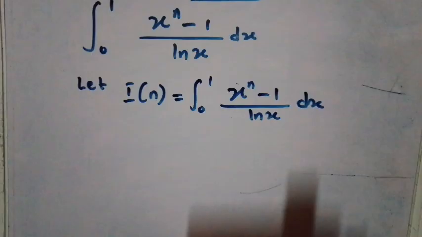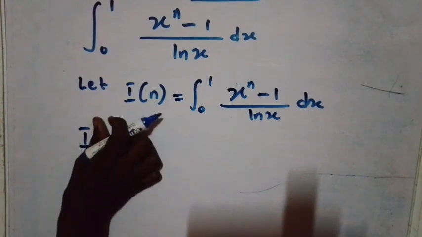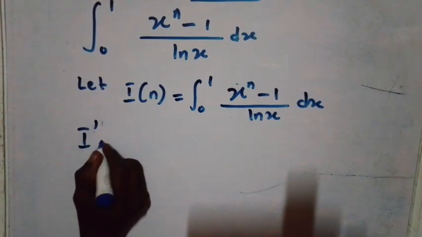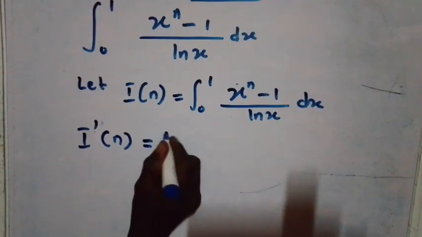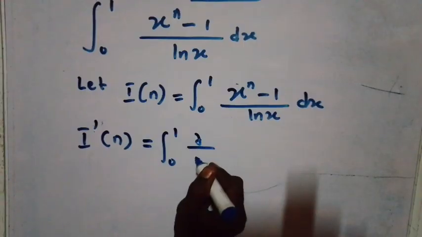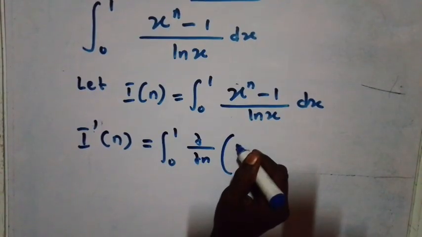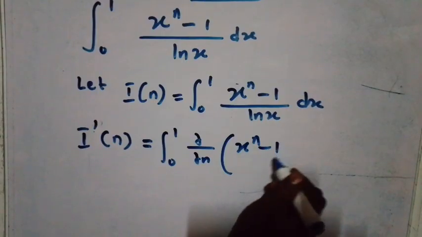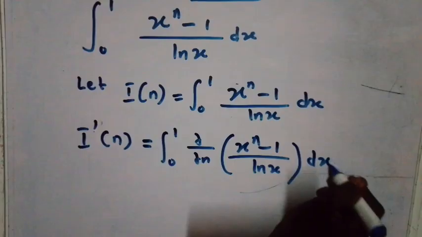Since n is a parameter, differentiate with respect to n. Then we have I'(n) equals the integral from 0 to 1 of the partial derivative d/dn of (x^n - 1) over ln x dx.